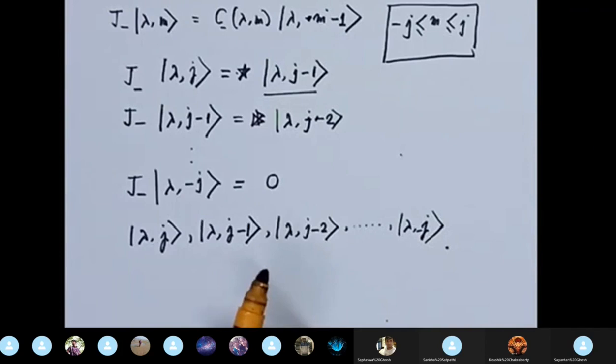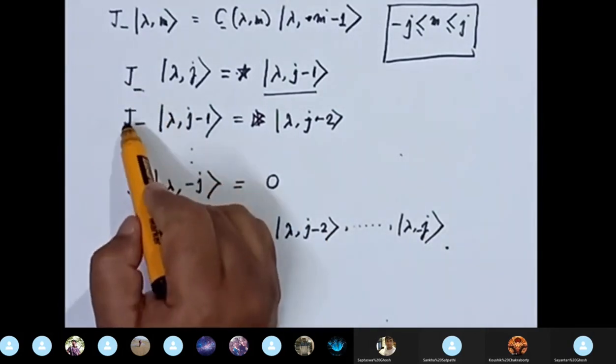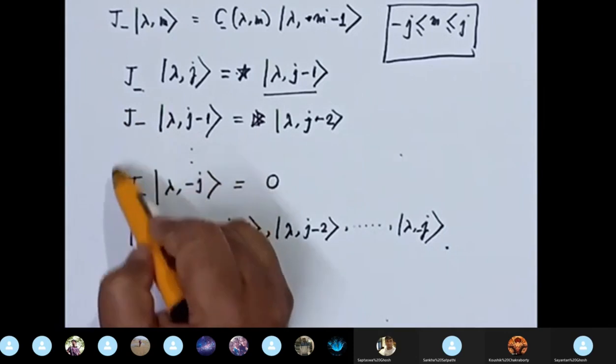Just a minute. So you see all these states are attainable from one to another by operation of J minus many times.